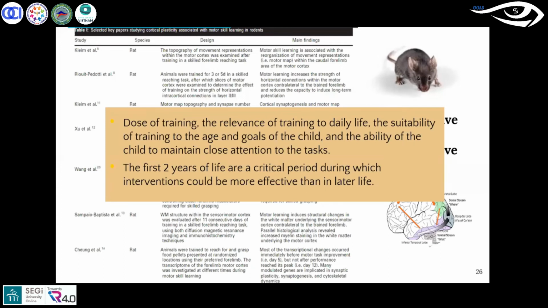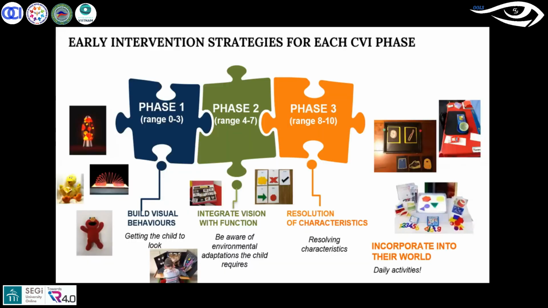Now, in CVI strategies, we are referring to the American textbook by Christine Roman-Lantzy. She is actually a teacher, not an optometrist. She's a special visual impairment teacher, having a PhD in teaching the blind and visually impaired. So she made a structured way of classifying children with CVI according to a range.